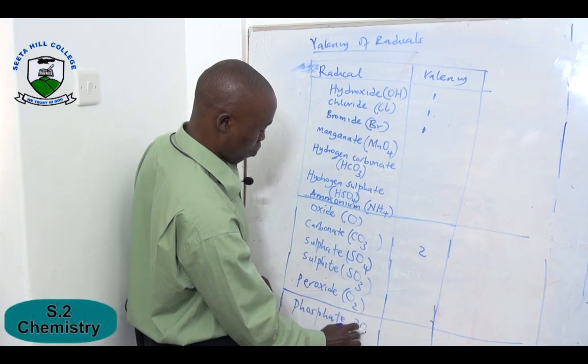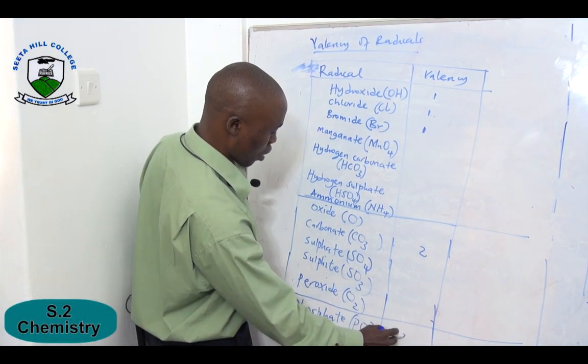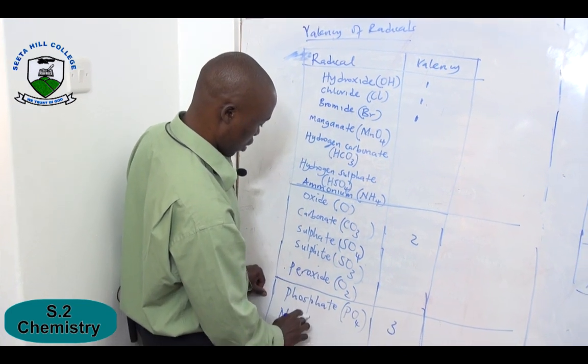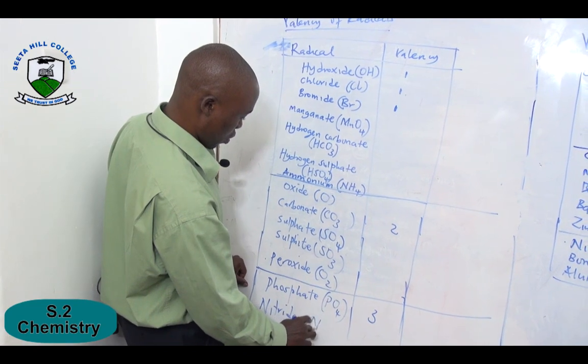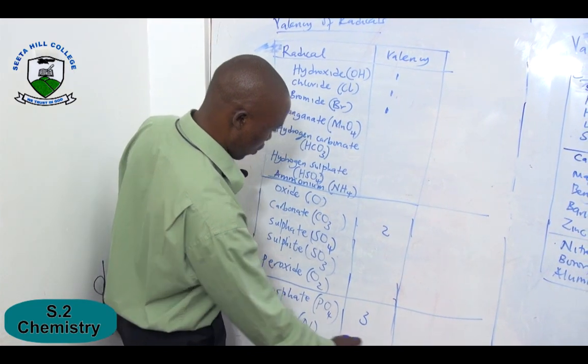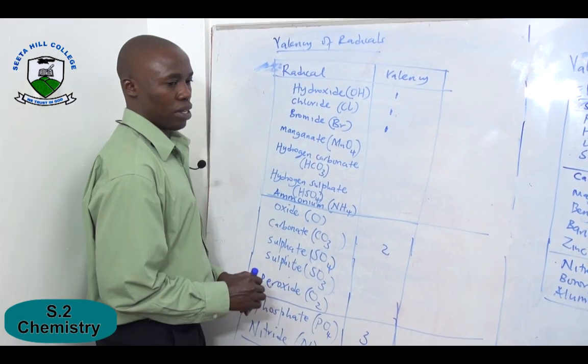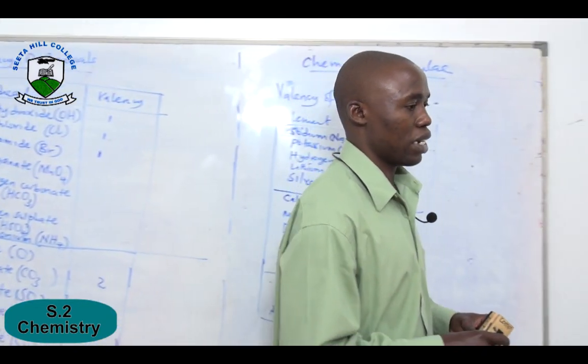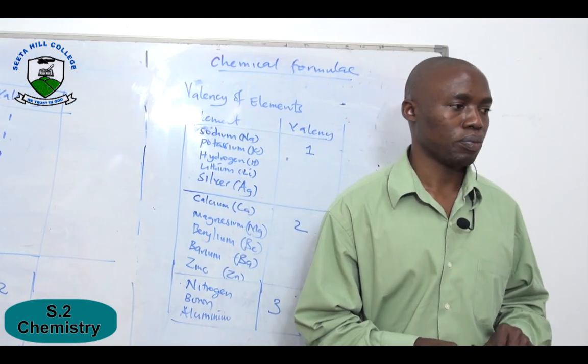Phosphate is PO4. This is 3. Nitride, that's also 3. Now we can end there with those valences that will help us write the chemical formula.